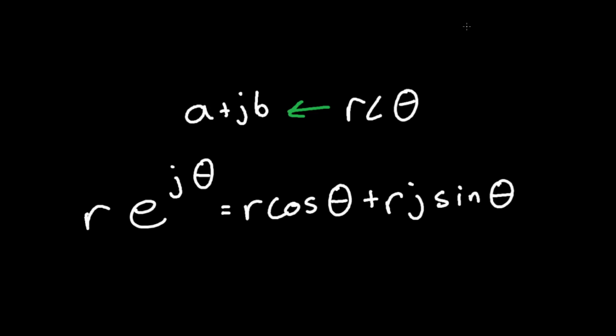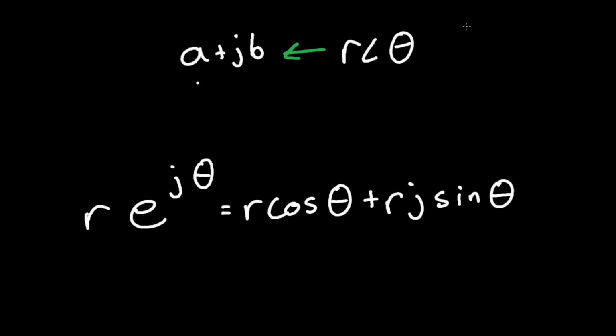Okay, r times e to the power of j times theta is equal to r cosine of theta plus r j sine of theta. This is Euler's identity. And doesn't this look a lot like this guy right here, a plus jb? A plus jb is a complex number. So how can you actually solve for a?